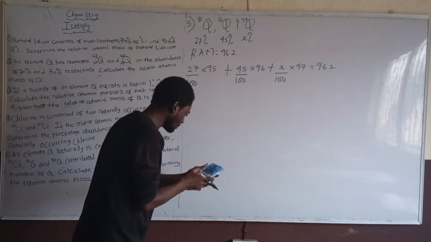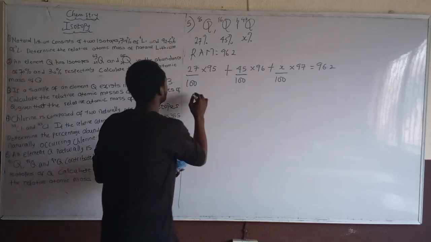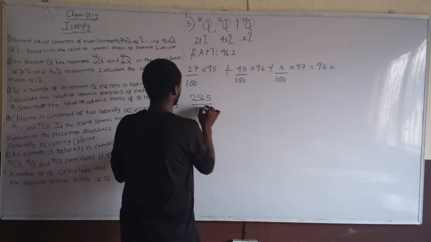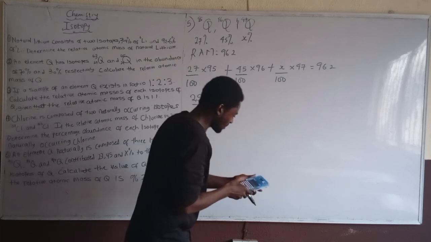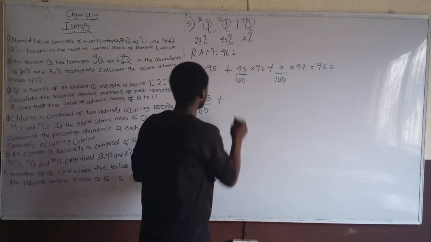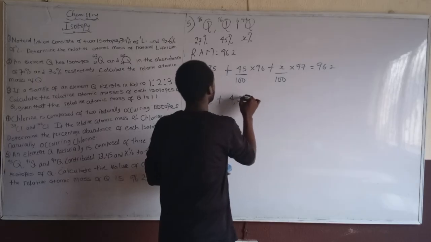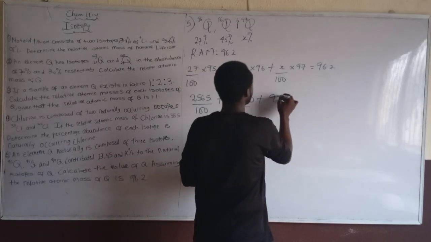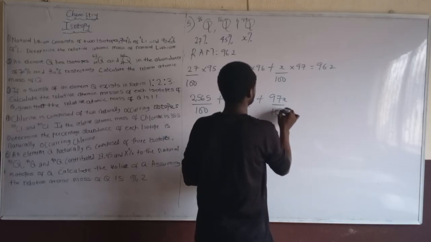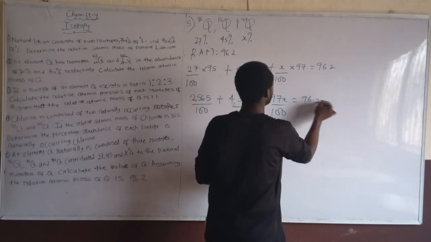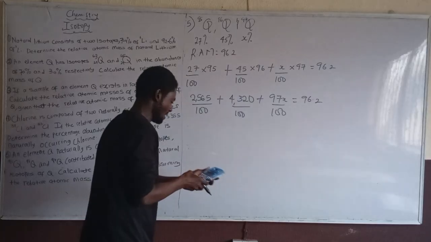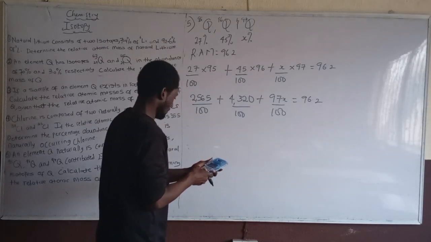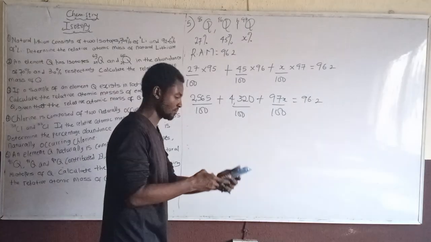So 27 multiplied by 95, 2,565 divided by 100 plus 45 multiplied by 96, that is 4,320 divided by 100 plus 97x divided by 100 equals 96.2. Now I'm adding this. Here is 2,565 plus 4,320.